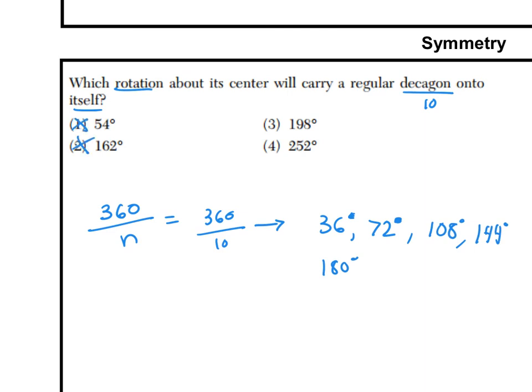And that means 1 and 2 are out because we never hit those numbers. We'll go another 36 degrees and we'll get 216 degrees, and that means 198's out. And let's just go one more 36 degrees and we get 252 degrees. Yes, that works. You could have also done 252 divided by 36. That's the only one divisible by 36.